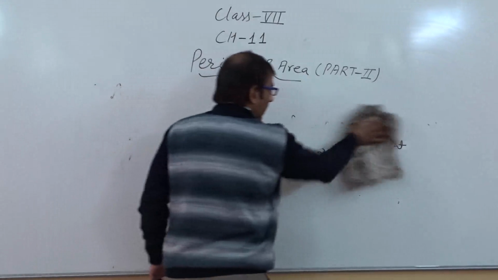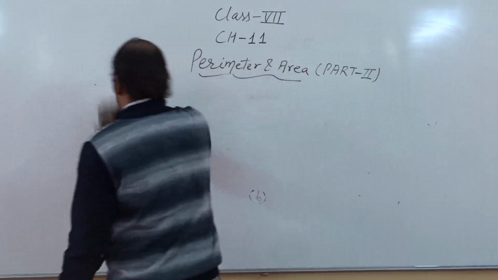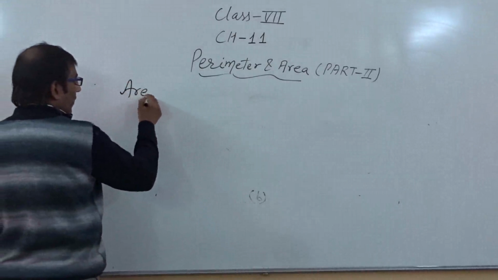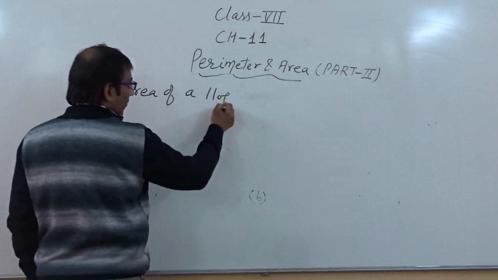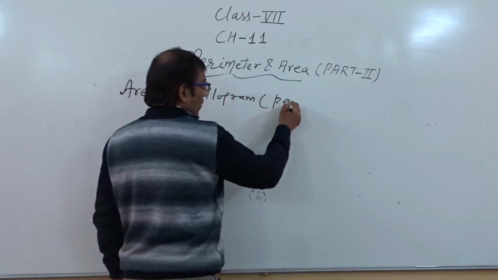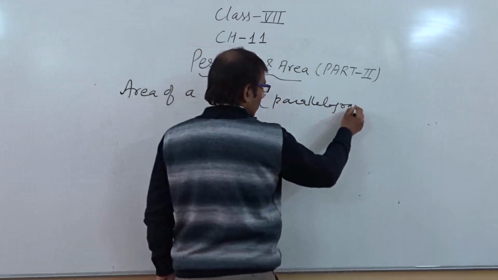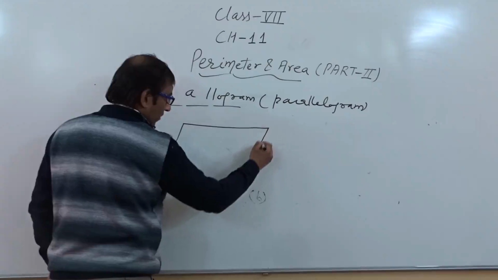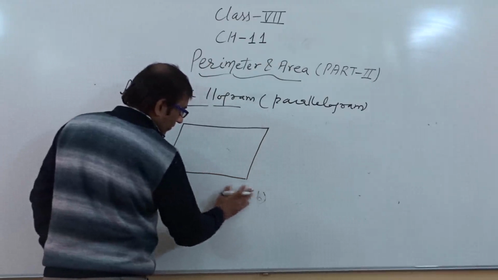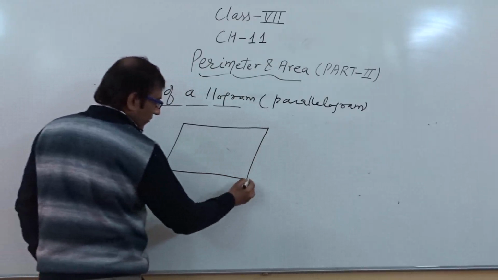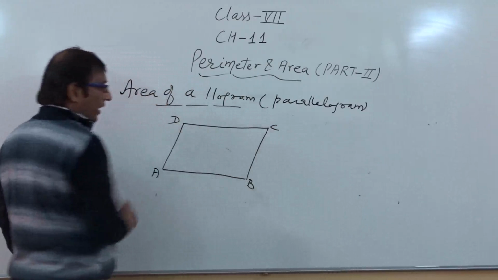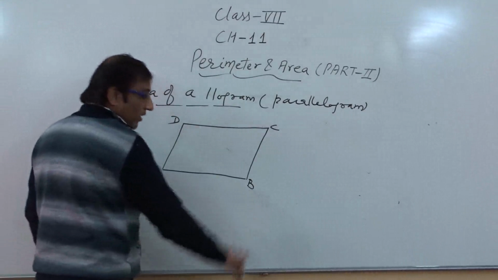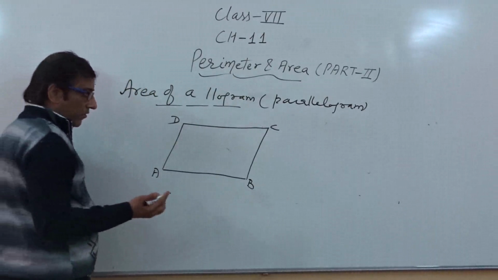What is area of a parallelogram? This is the diagram of a parallelogram, and this is A, B, C and D. So can we say this parallelogram is equivalent to a rectangle? For that, what we will do?